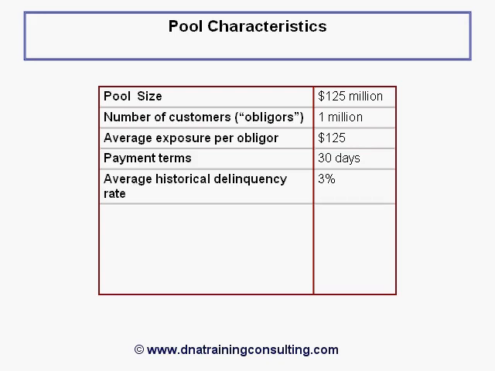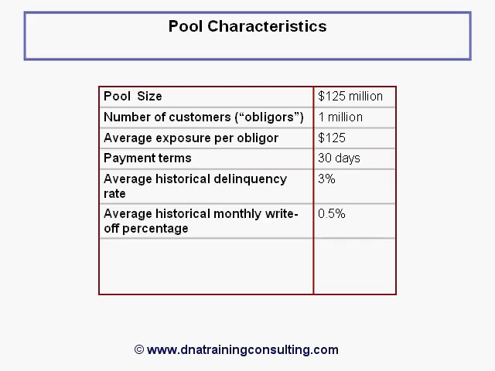The average delinquency rate for the pool historically has been 3%, delinquency generally being defined to mean failure to make a payment on time. The average historical monthly write-off percentage for the pool, where total loss is declared on a receivable, has been 0.5%.